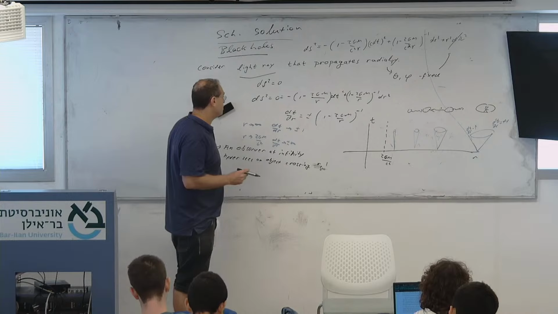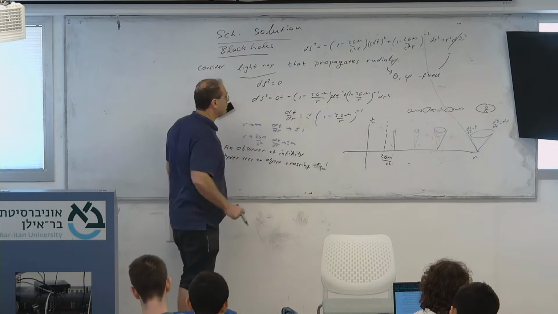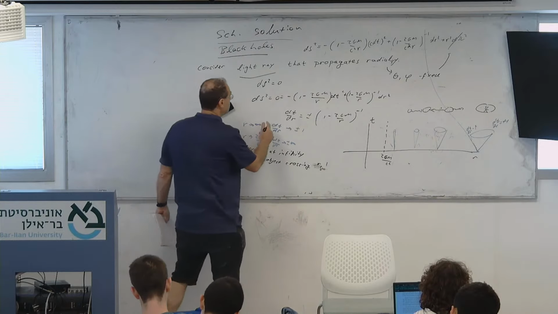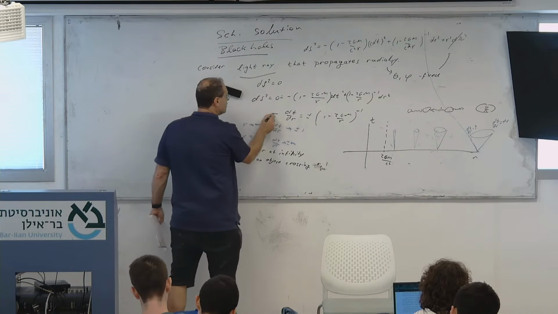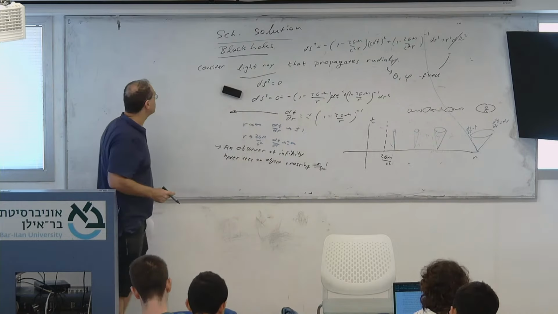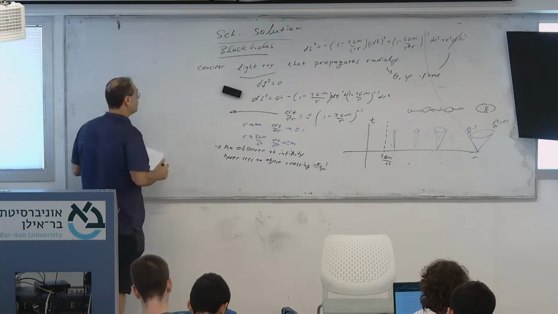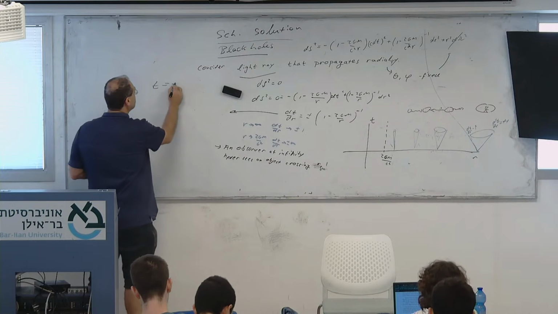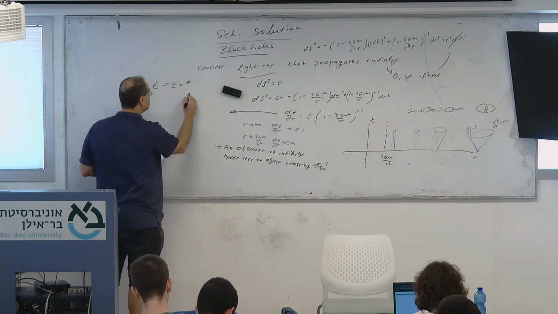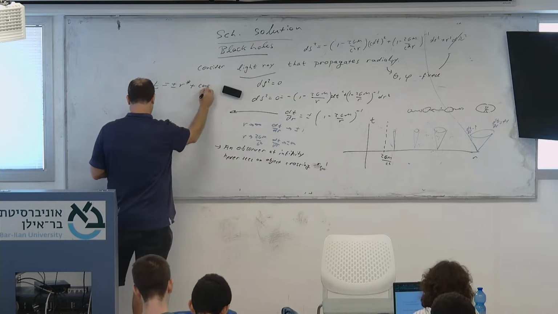So what do we do? Well, just solve this equation. The dt over dr is plus minus 1, so let's solve that. And this is something which you can solve quite easily. That will give you that t is equal to plus minus r star, plus some constant.